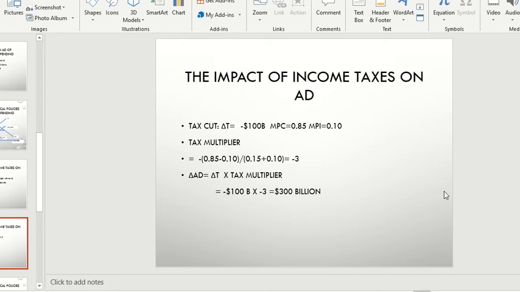So many of us would prefer the latter, right? So that means we would prefer income tax. We don't want to give so much control over how to spend the money in the hands of the government. So that's one of the reasons why income tax is also used as the policy tool sometimes.